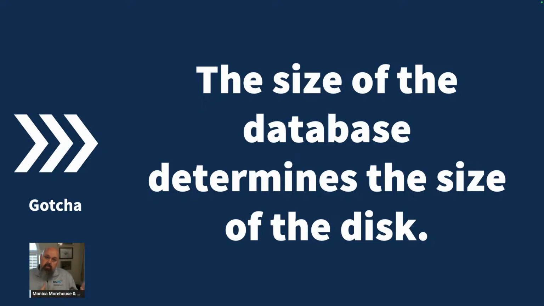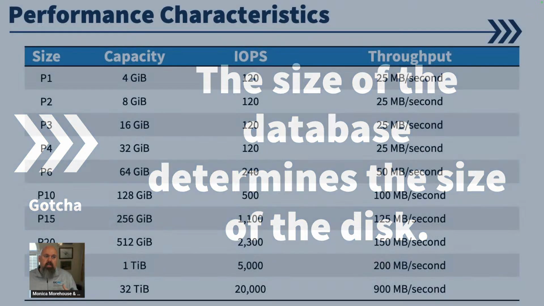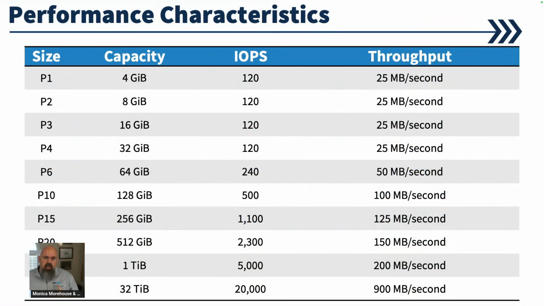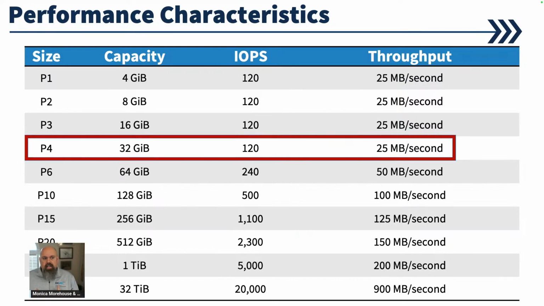So we talked about storage from the virtual machine perspective previously. For example, if I have a 25 gig database and I want to go to general purpose managed instance, with that 25 gig database, I'm going to get a 32 gig drive that supports it. You'll notice that the IOPS and throughput for that size of disk is horrible. If I have a production workload with a 25 gig database, that particular performance characteristic is going to suck pretty much.